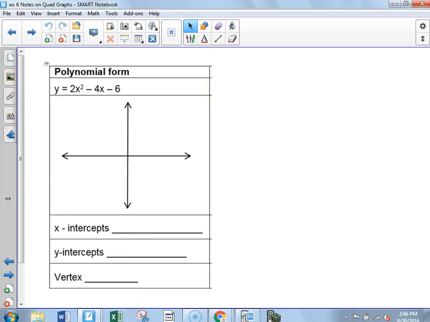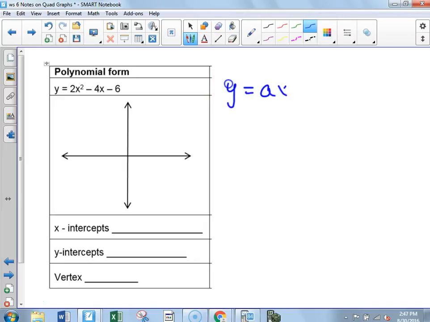Y equals ax squared plus bx plus c is just polynomial form. This form is not particularly helpful for finding the vertex. If it factored, it would be helpful for finding the x-intercepts. It is pretty easy to find the y-intercept in this form.